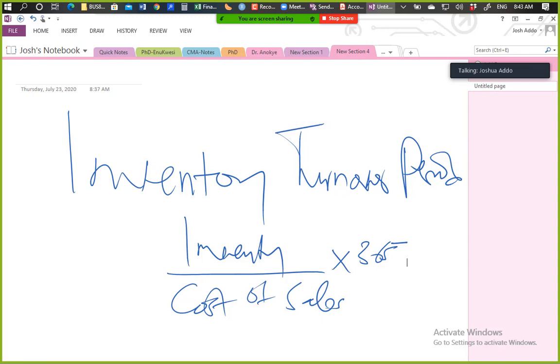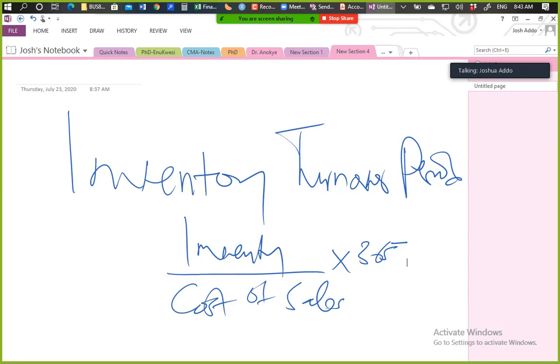I want to know if there is sales return, will you add it to the inventory before we do the calculation? It's a good question, but normally, no, we don't do it like that.